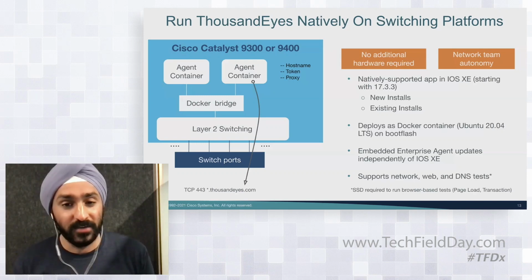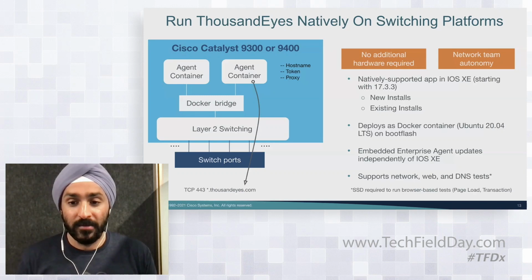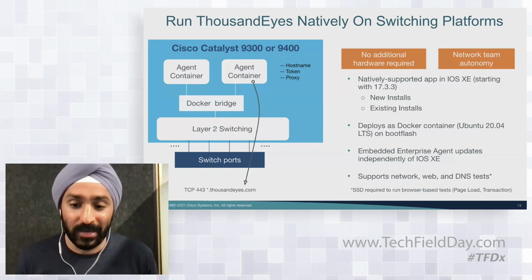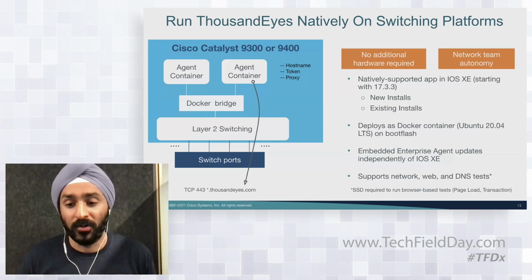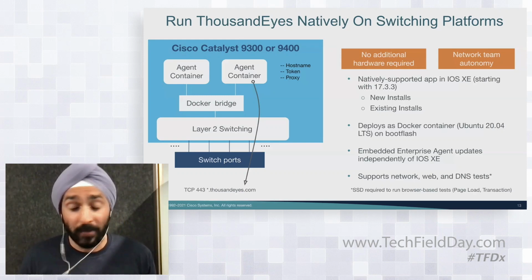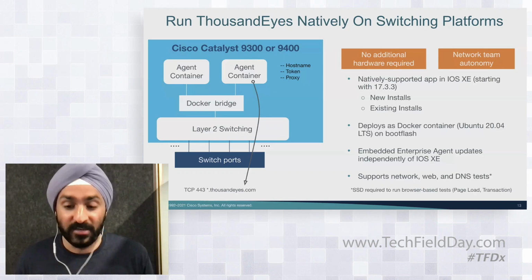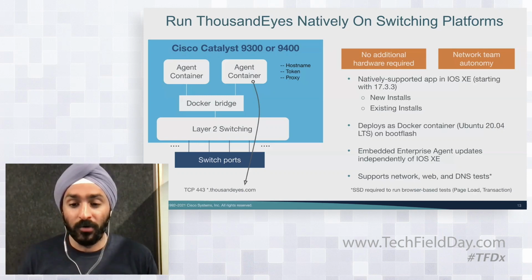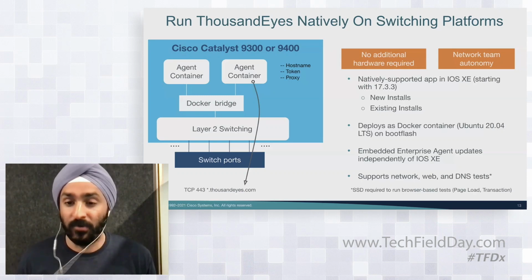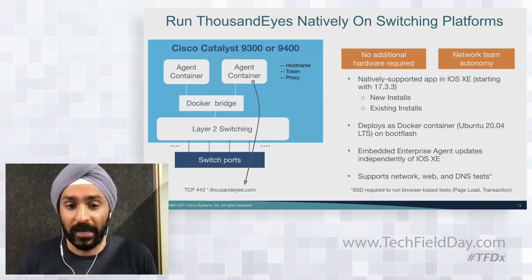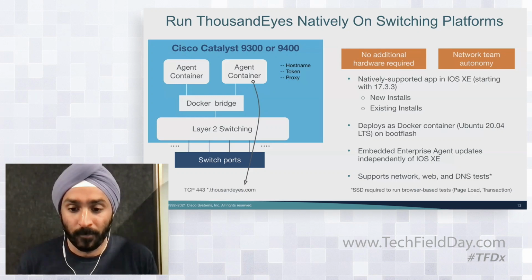And that's an important point because ThousandEyes operates a SaaS subscription model, and we publish updates to our agent and its capabilities every 2 weeks. So you can update your agent independent of iOS XE as you move forward and be able to use this at scale.